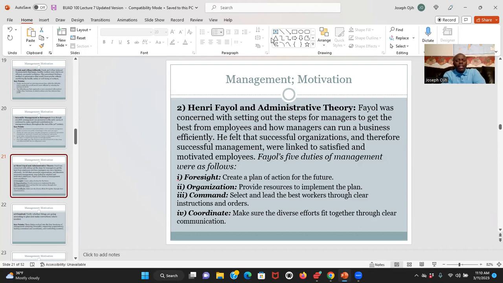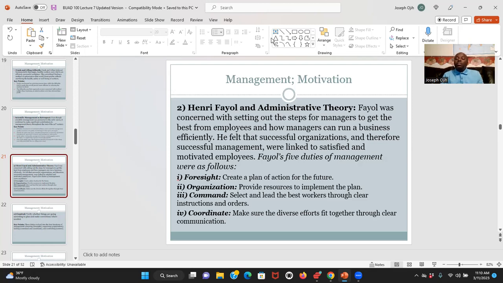According to Fayol, there are 5 duties of management. The first one is foresight. That means the ability to create a plan of action for the future. The second one is organization, which provides resources to implement the plan. Then the command. Under this command, the manager selects and leads the best workers through clear instruction and orders.